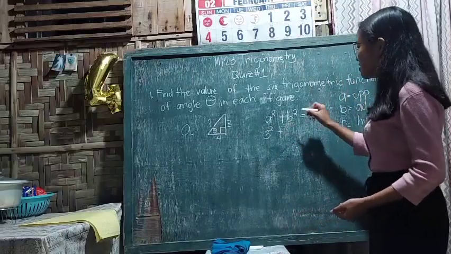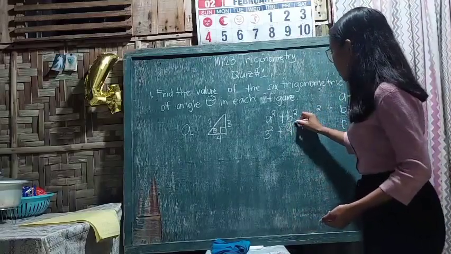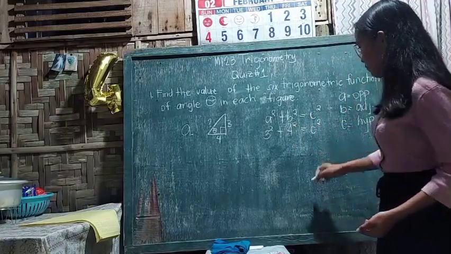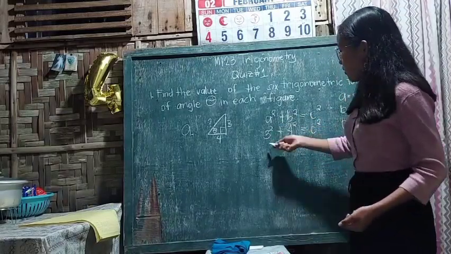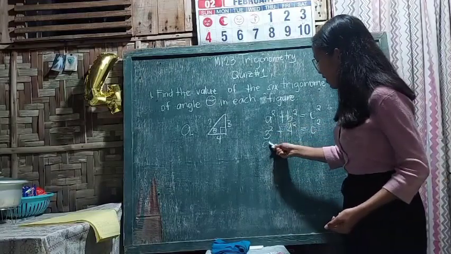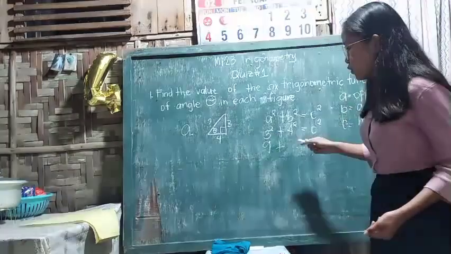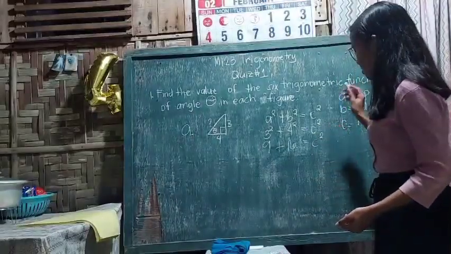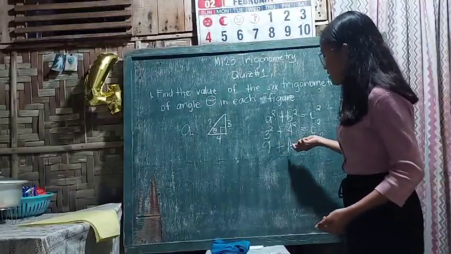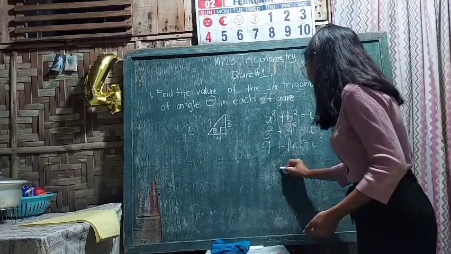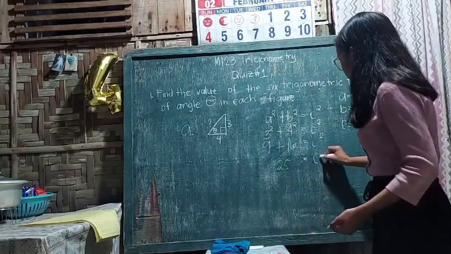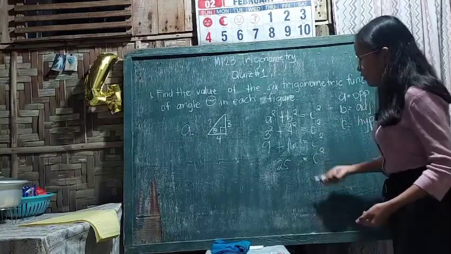For the adjacent side, it would be 4 squared equals c squared. 3 squared is 9. 4 squared is 16 equals c squared. 9 plus 16 is 25. c squared is equal to 25.